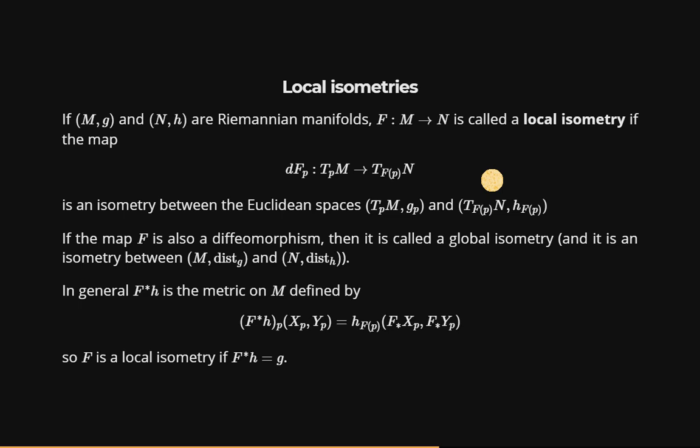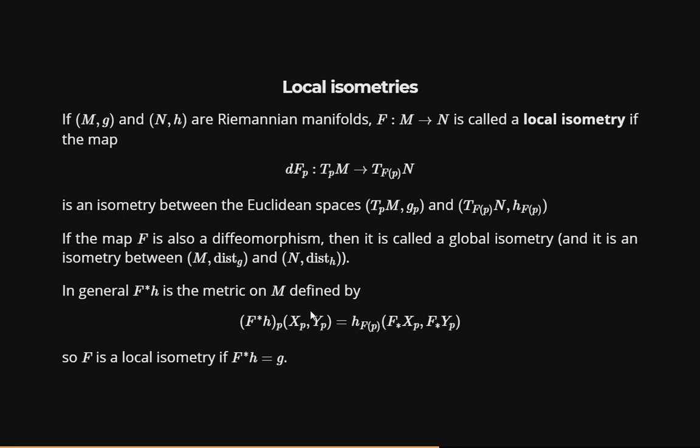In general, you can define the pullback metric because a metric is a section of T star M tensor T star M. You can pull back the sections of T star M, so you can pull back also the sections of a tensor power easily, like this. So the pullback of the metric H, which is on N, is the metric on M which acts like this.